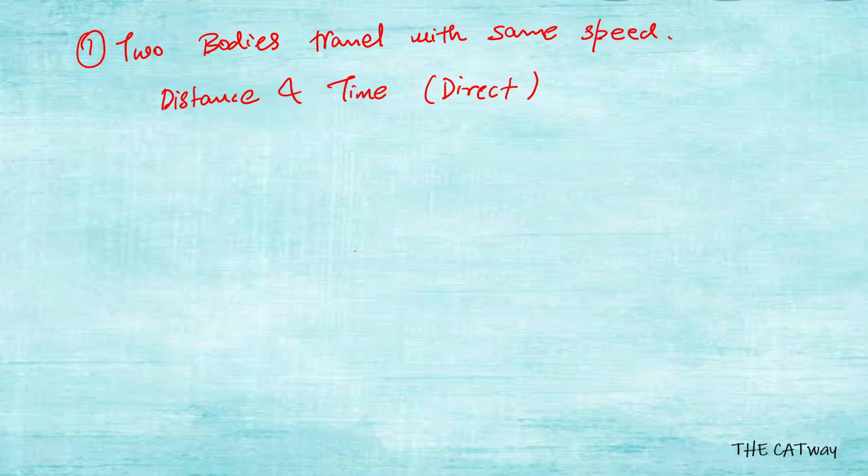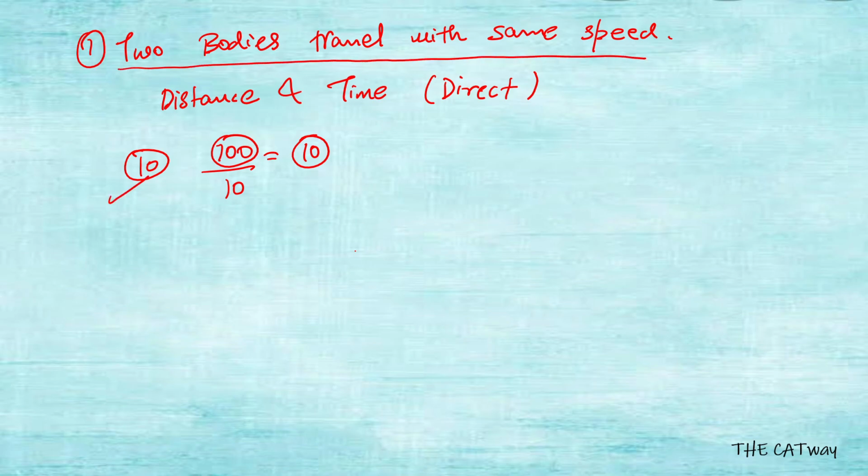Let's say the distance is 100 kilometers and the speed is 10 kilometers per hour. Now what is the time taken? You know that time is equal to distance upon speed, so 100 divided by 10 gives us a time of 10. Let's say the speed remains constant at 10, as we assumed that a body travels with the same speed, but the distance is increased to 200.